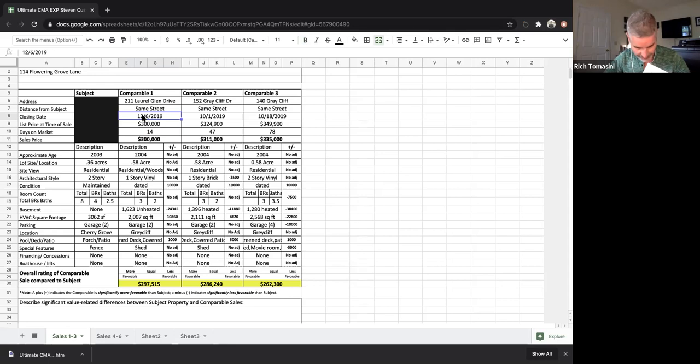Let's see here, 8/6/20. Okay, always look for closing costs when you're looking at the closing date because it's in the same spot of the MLS. List price, $345. I like to know what the list price is, and then I like to know what the sale price is so I know how much room of negotiation we need to add on top of the number that I get here.